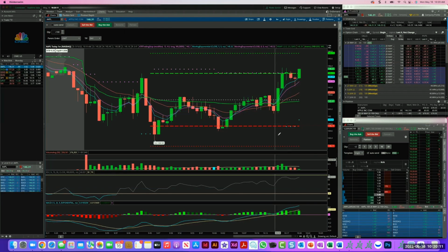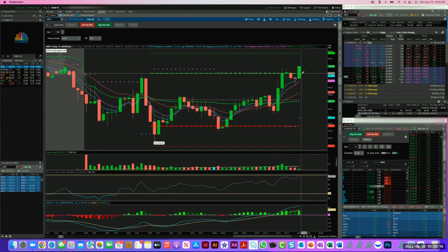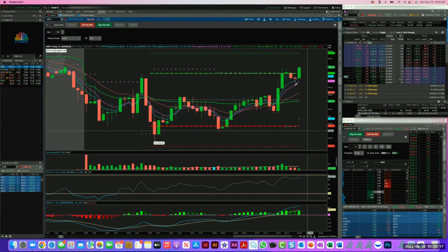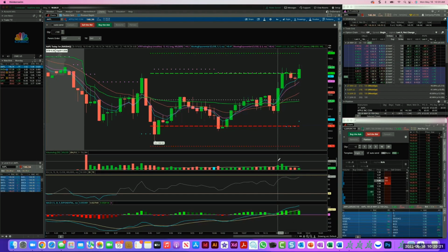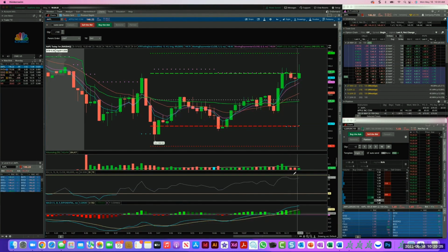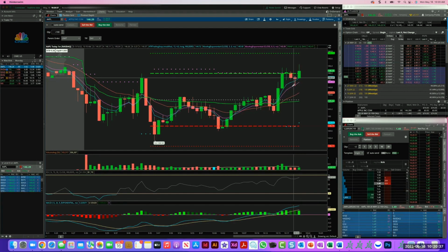There we go. So now we've got a breakout. So here's our breakout. We have a fib level here. We can use that also, or we can use our RSI, or we can use our EMAs.